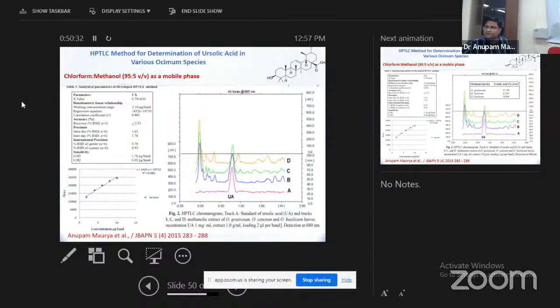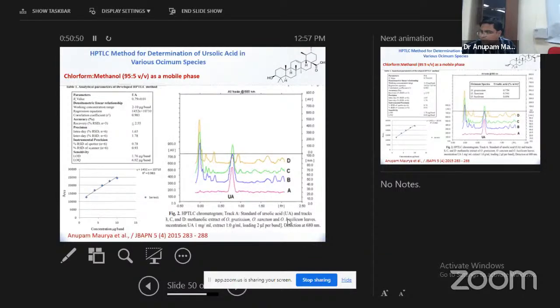Another is an HPLC method for determination of ursolic acid in various Ocimum species: Ocimum gratissimum, Ocimum sanctum, and Ocimum basilicum.